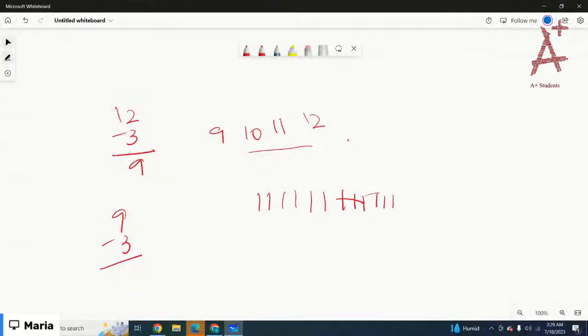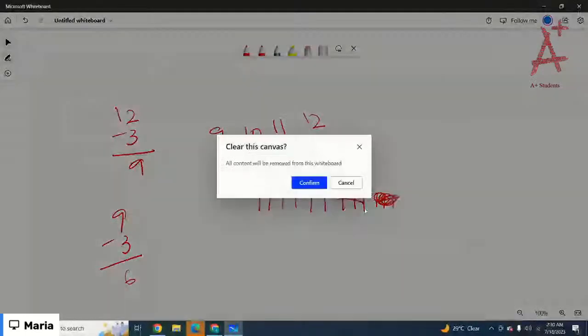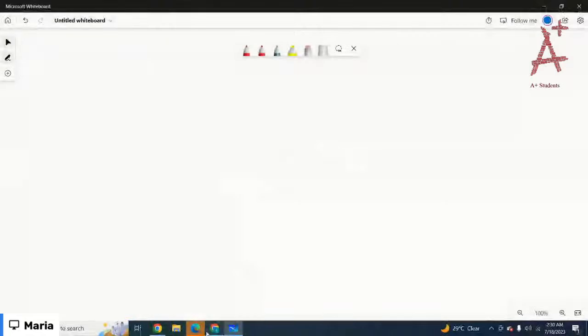You're left with 1, 2, 3. No, 9 take away 3, sorry, I thought it's 12. 1, 2, 3, 4, 5, 6. So 9 take away 3 is 6. But when you are working with greater numbers, making a line is a time taking method. So 9 take away 3 is 6.